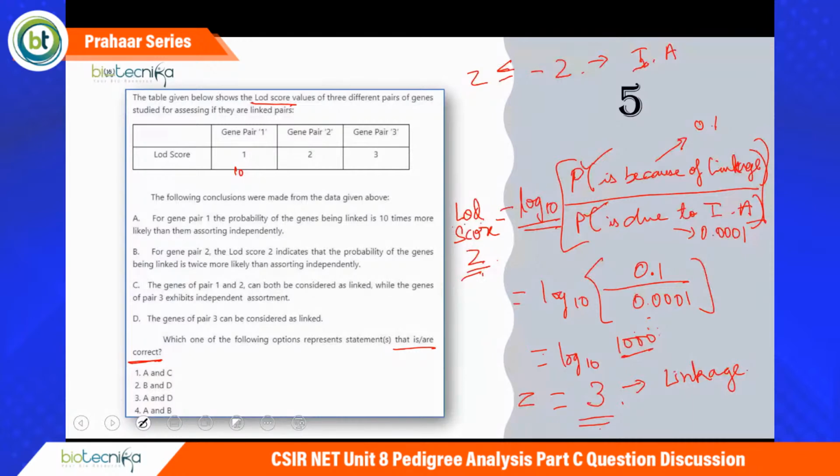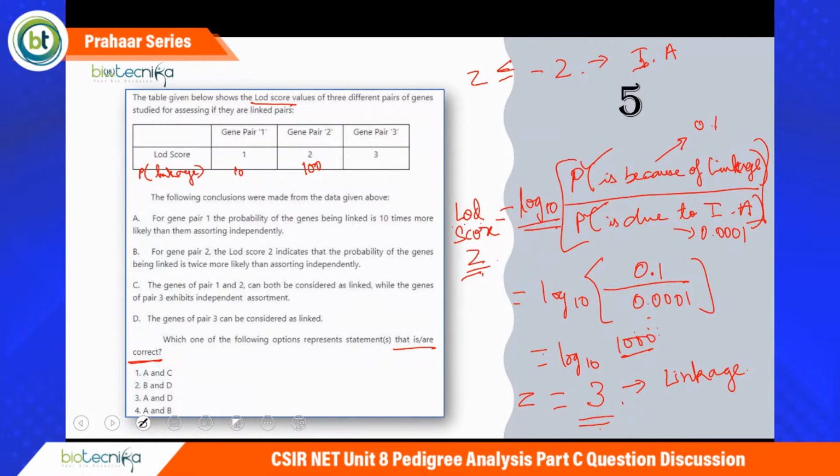If the LOD score is 2, it means the probability of linkage is 100 times more. And if it is 3, linkage is 1000 times more probable.